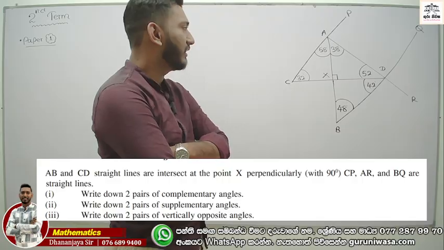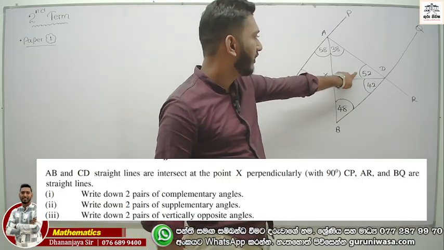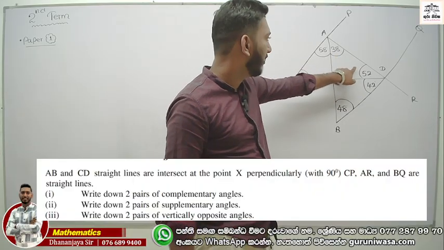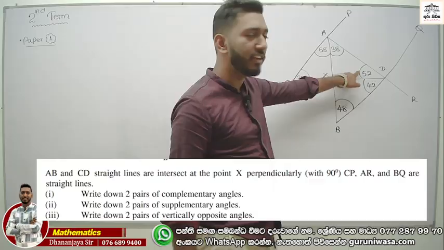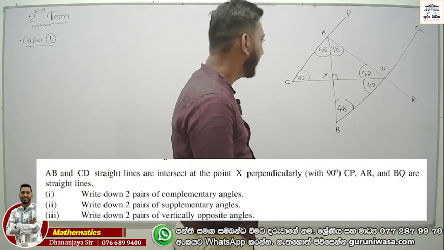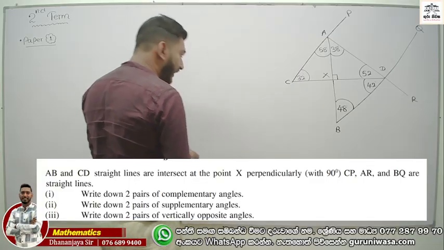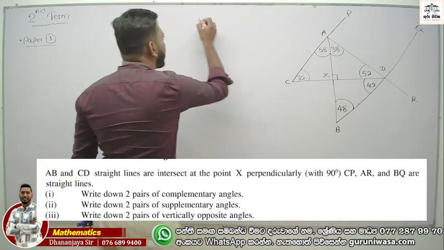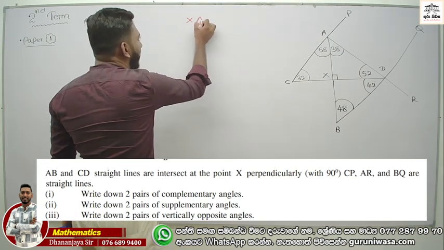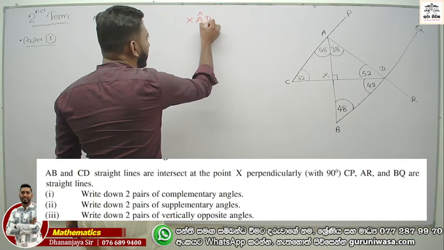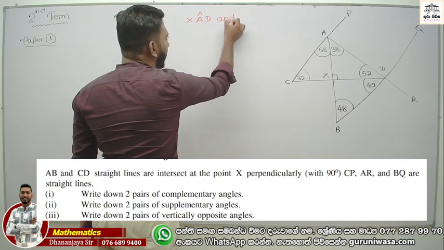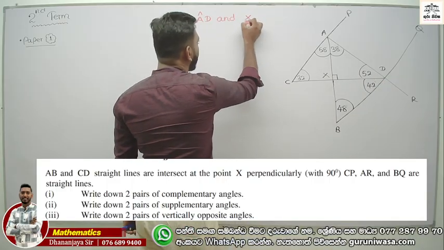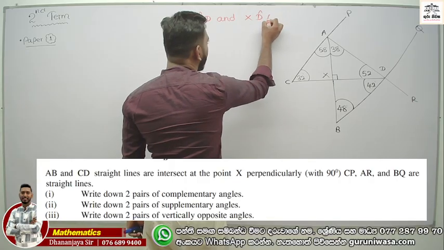Now look at this. 52 and 38. The sum of these two becomes 90 degrees. Then how to write it as an angle? Angle XDA.